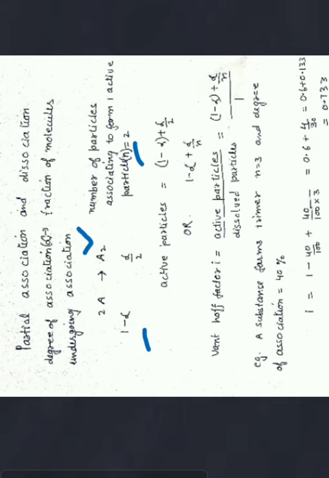One particle we had dissolved, alpha was undergoing association, so this has to be reduced, and after association alpha by 2 are formed. So the total number of particles becomes 1 minus alpha plus alpha by 2.